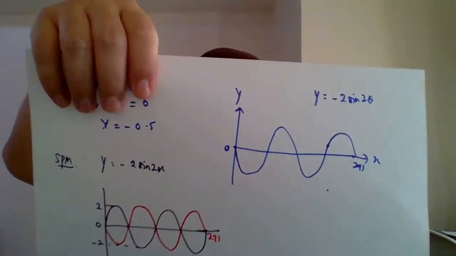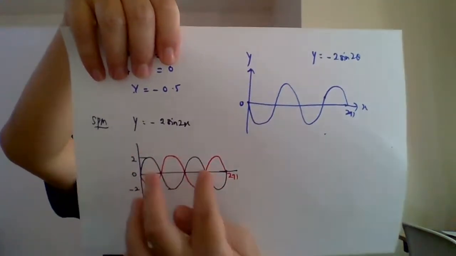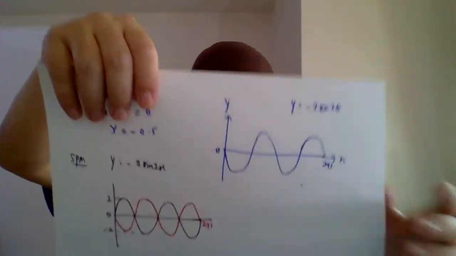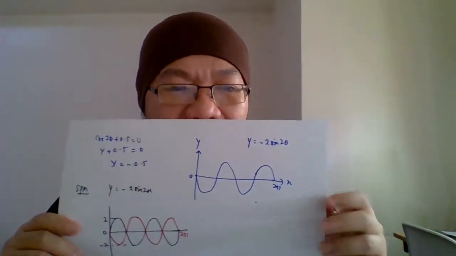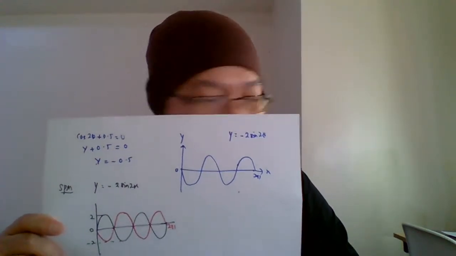So the graph will be like this from the bottom. Y equals to negative 2 sine 2 theta. Okay guys, this is the answer for the graph. So the red color becomes this one. Okay. So I just padam balik, I buat yang baru supaya nampak. Okay, that is your 3 marks.